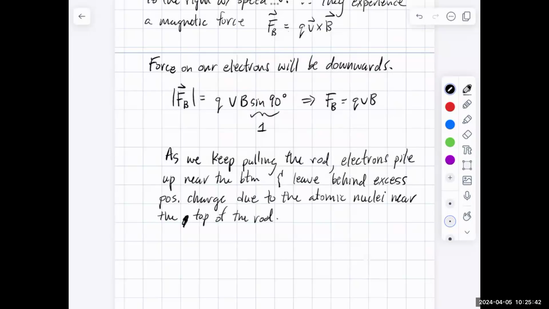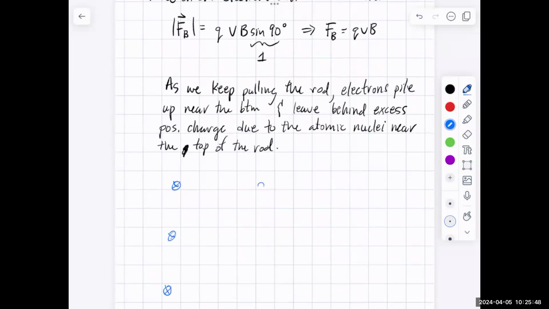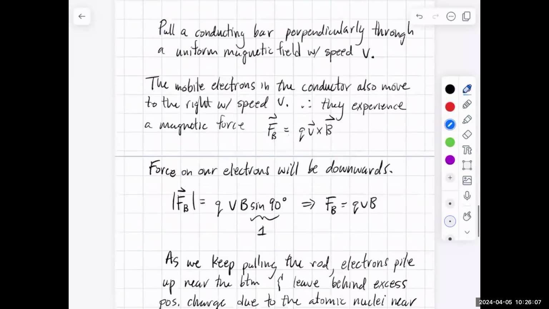Okay, so let's draw that. We'll draw our uniform magnetic field. So there it is. And then let's imagine now we've been pulling this rod to the right for some time. So we'll have our velocity to the right. And what we're going to end up with is, what color did I make my electrons? Black.